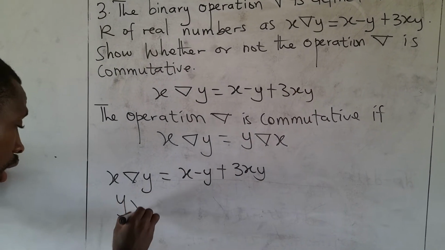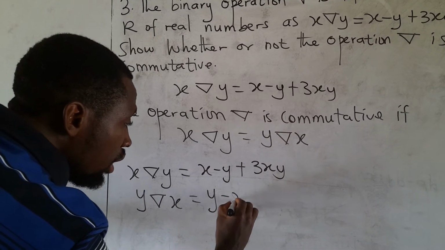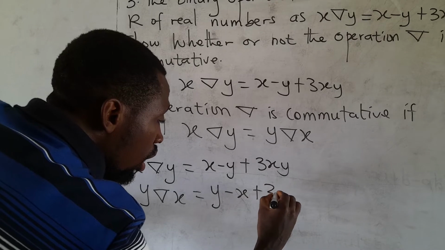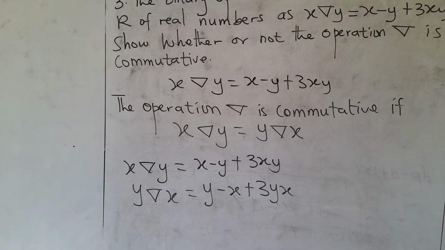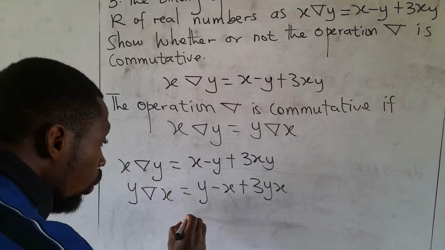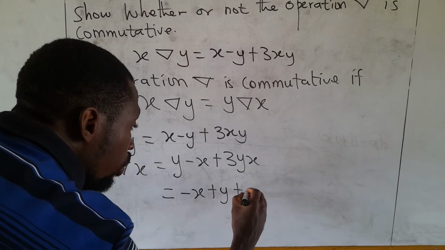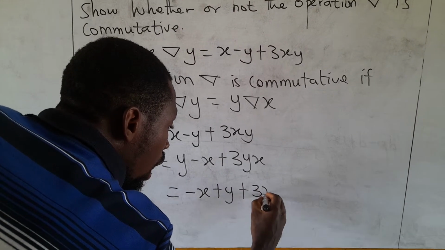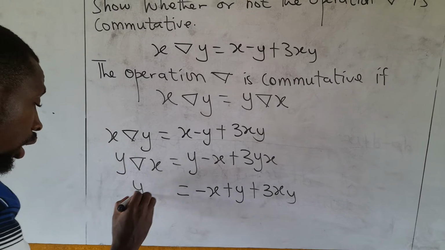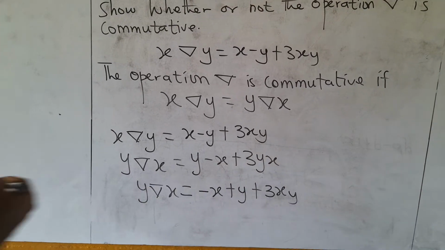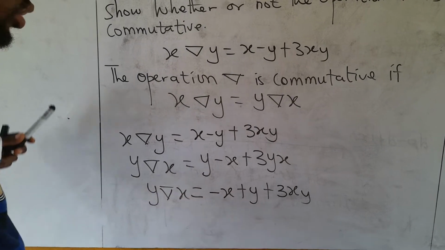Now y nabla x will be equal to y minus x plus 3yx. When we rewrite this, we have negative x plus y plus 3xy. That's y nabla x. Now compare this to this. You realize that they are not equal.